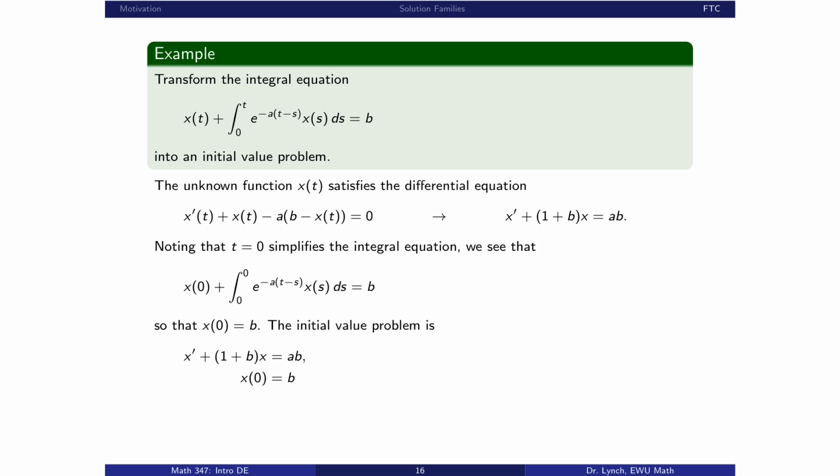That gives us the initial condition for the initial value problem, which we've written here. So again, we've been able to transform this integral equation into an initial value problem via the fundamental theorem of calculus. It turns out that the differential equation in this initial value problem is a special form that we'll see how to solve in a couple of sections.